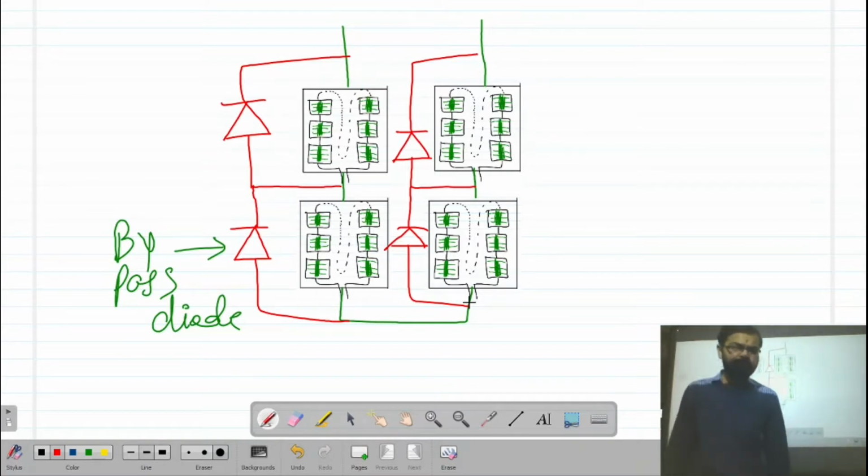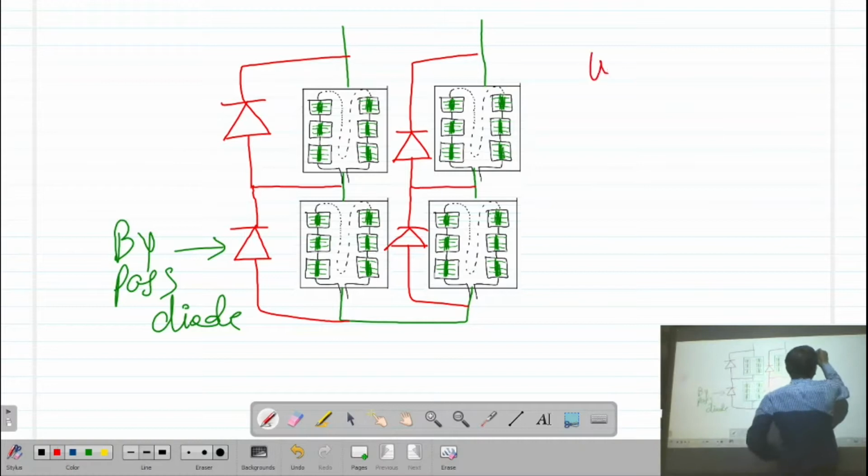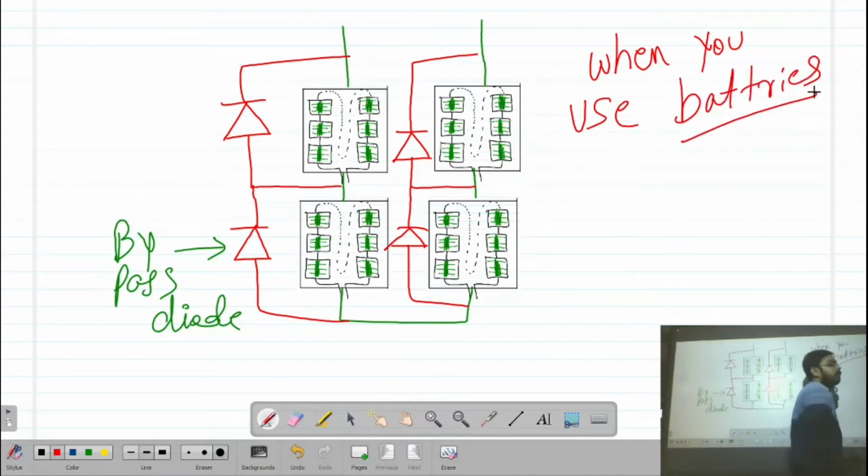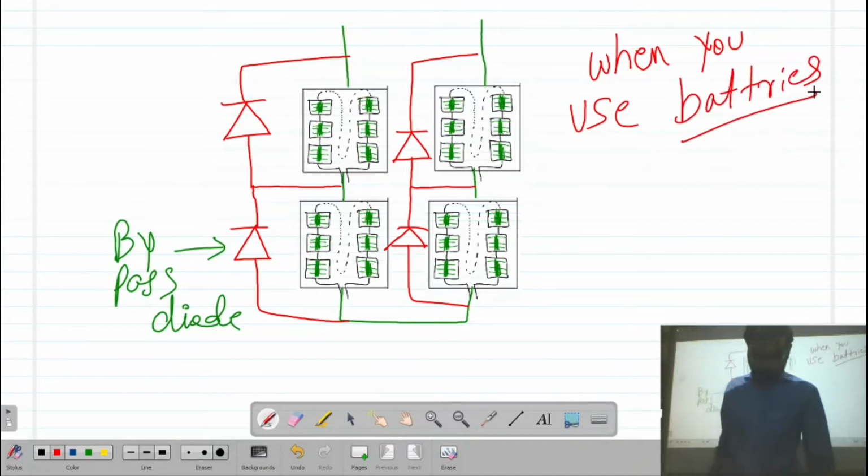Now one more thing comes into picture when you use batteries, right?